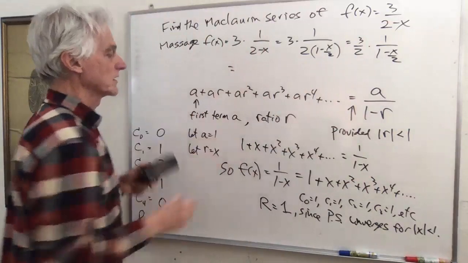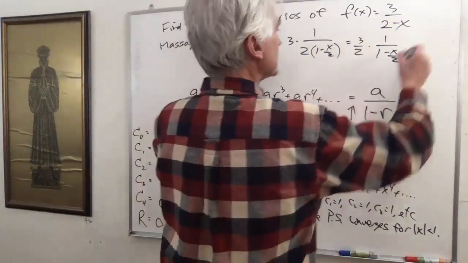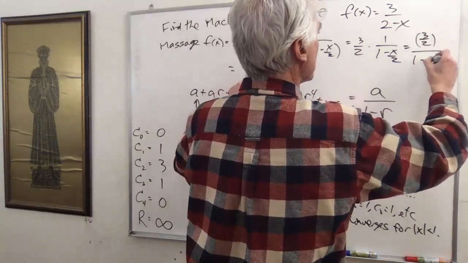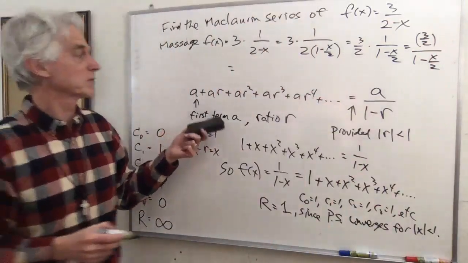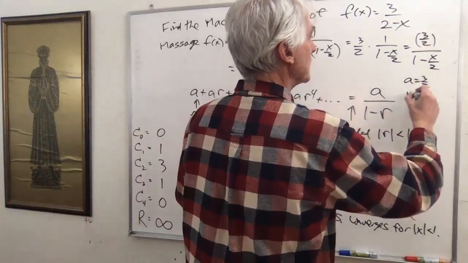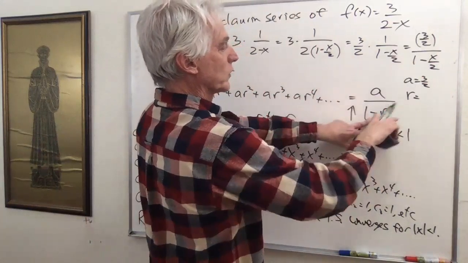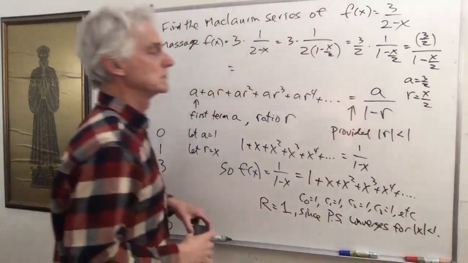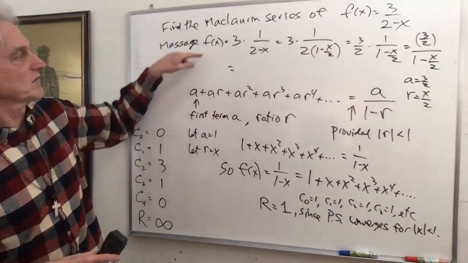So that means I can, actually maybe given this, I'll write this as 3 halves on top over 1 minus x over 2. So this is exactly a geometric series with the first term A being 3 halves, and R is x over 2. All right? And again, I'm putting the f of x on the left.